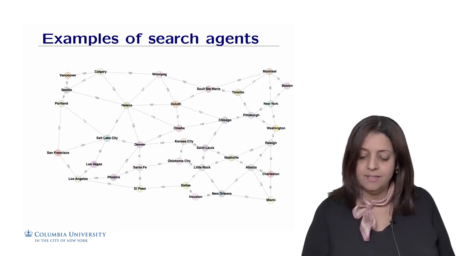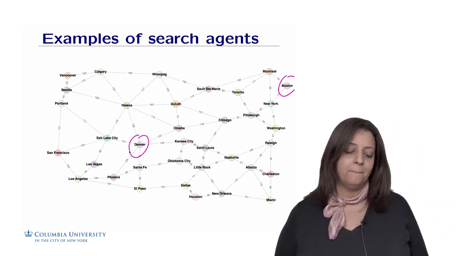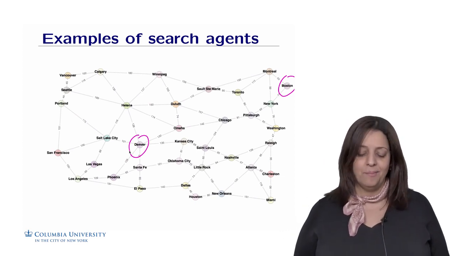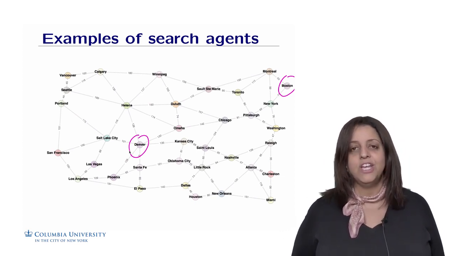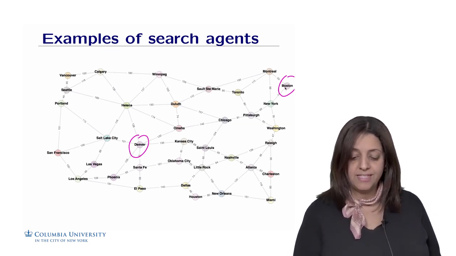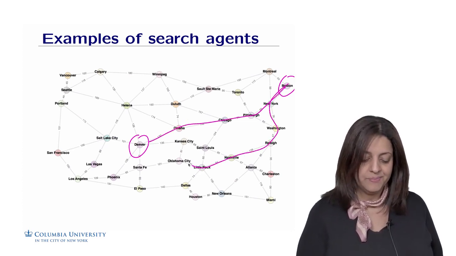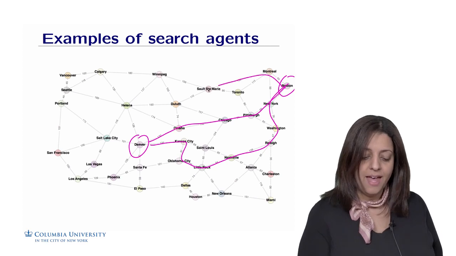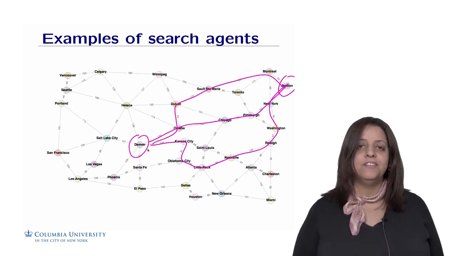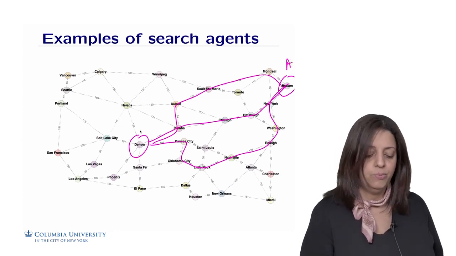So suppose we are in the city of Boston and you want to reach the city of Denver. Can you help me find a path from Boston to Denver? A search agent will search for a possible successful path that will lead me from Boston to Denver. It could be, for example, this path here, or it could be going this way, or going that way. So there are different paths that lead from point A to point B.